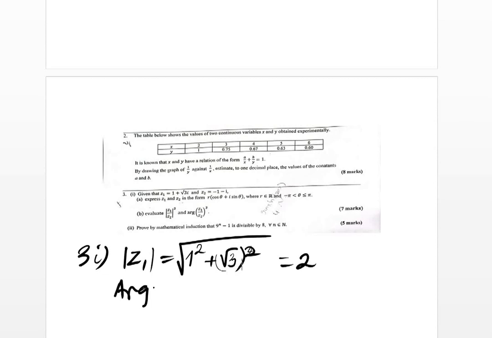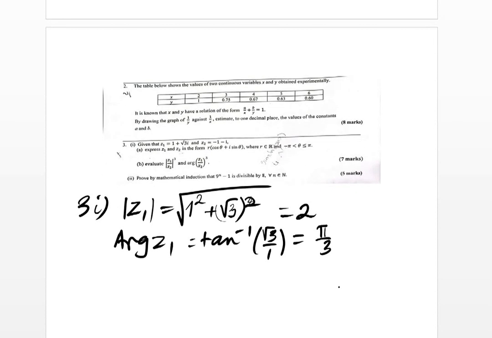Then the argument of z1, being in the first quadrant, is tan inverse of the imaginary component, which is root 3, so tan inverse of root 3, which gives us pi over 3.